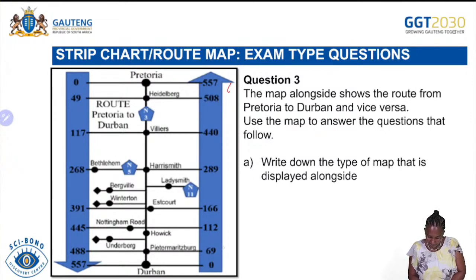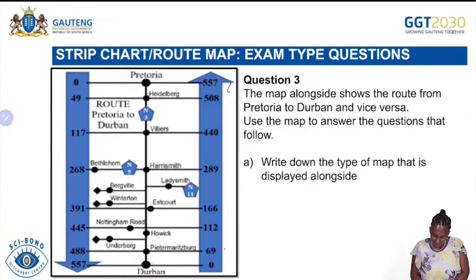They must pass Pietermaritzburg, Howick, and so on, Estcourt, Ladysmith, and then Harrismith. So that means they know these are the distances from Durban to Pietermaritzburg. Their first point is 69 kilometers, and from 69 they continue.